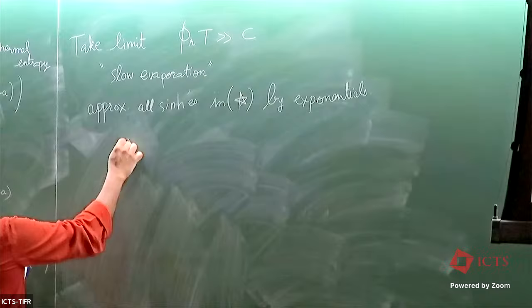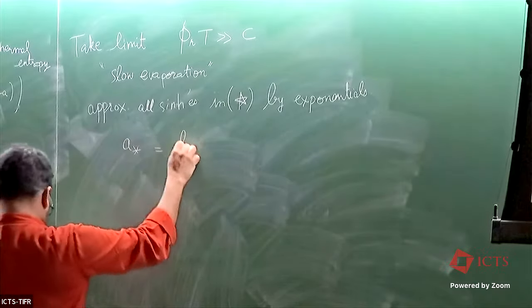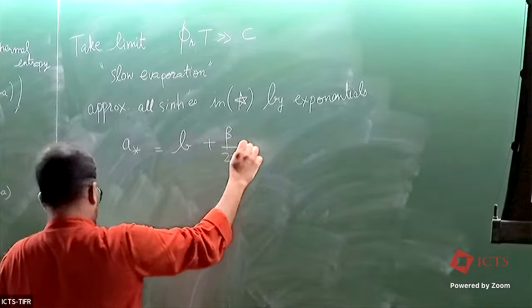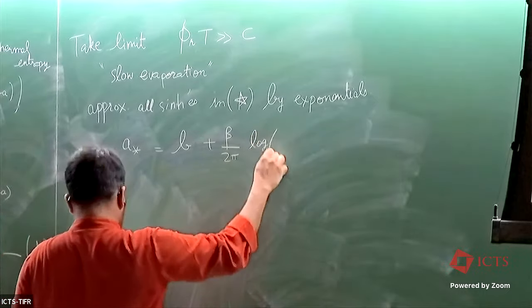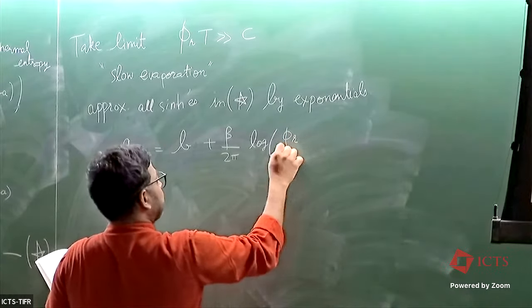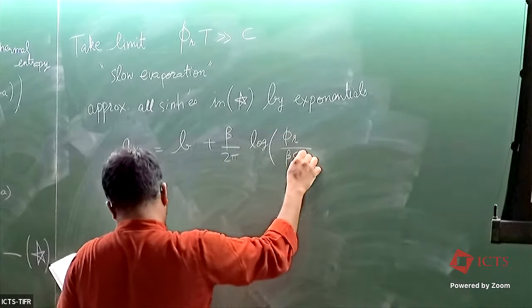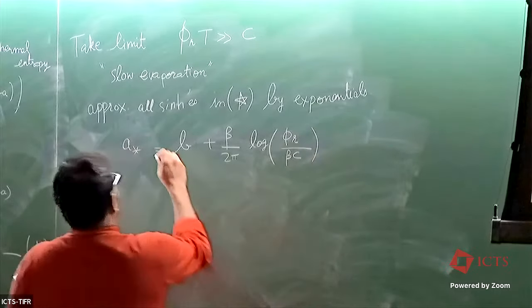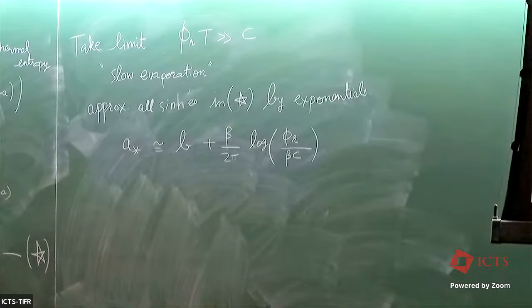So you find A star is B plus some beta over 2 pi log of phi r over beta C times some factor, some 24 pi or something. Okay. So it's just B plus some amount. But the point is that it is somewhere here, right? It is not at y equals minus infinity.